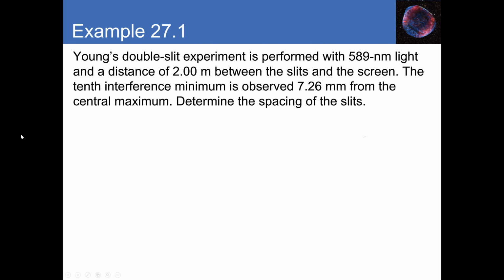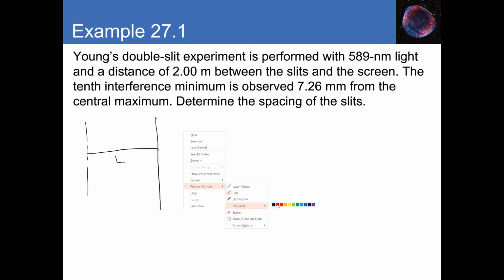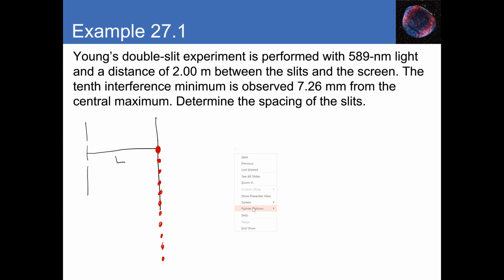All right. That means what we have here is an experiment, let's say a double slit experiment, where this is the L, and let's say I have the central one, and then let's do the bottom, it doesn't matter. So here's 1, 2, 3, 4, 5, 6, 7, 8, 9, 10.